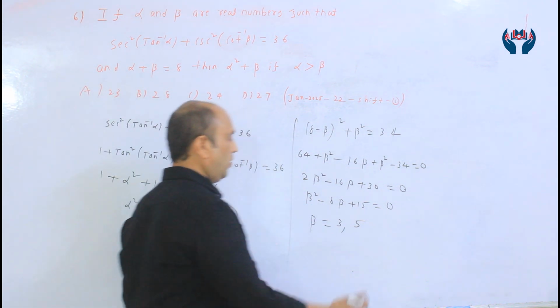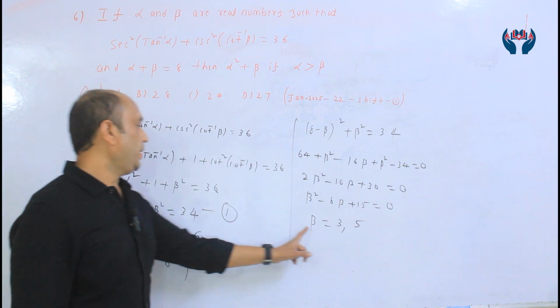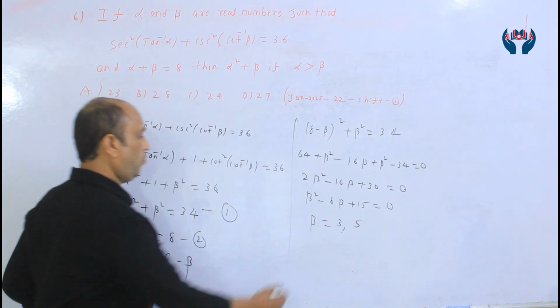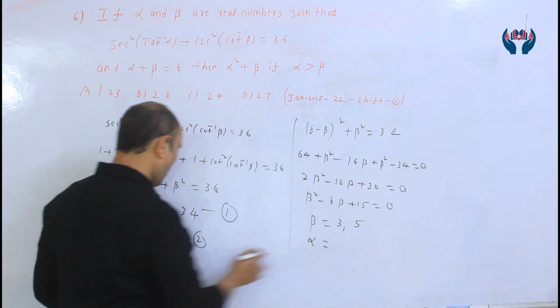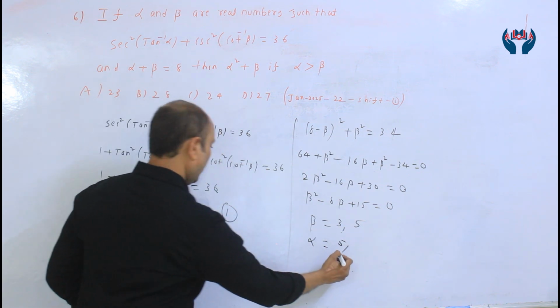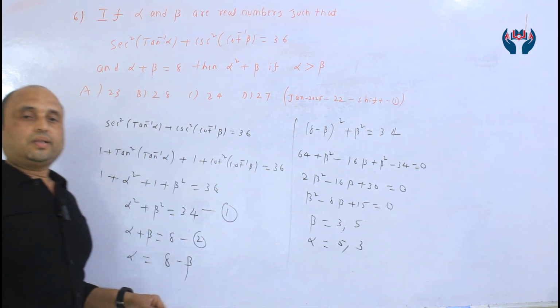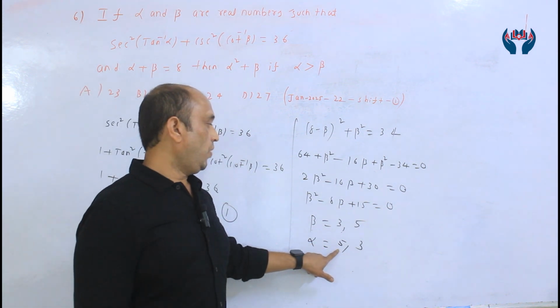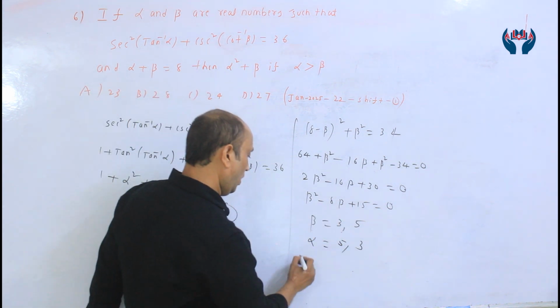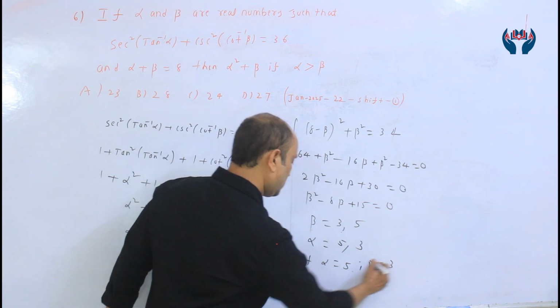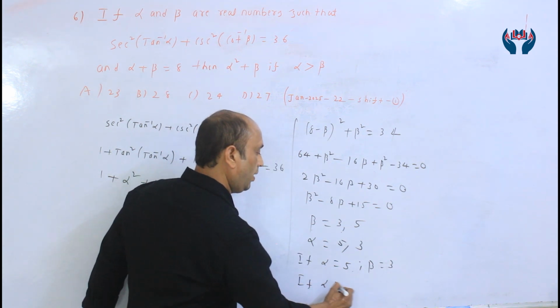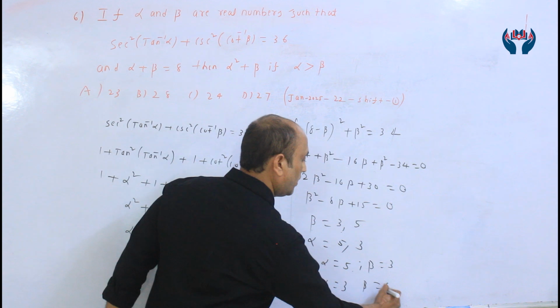So 3 and 5 are the factors. Then substitute beta equal to 3 and 5 in alpha: alpha is 5 and 3. So these are the values. If alpha equal to 5, then beta is 3. If alpha equal to 3, then beta is 5.